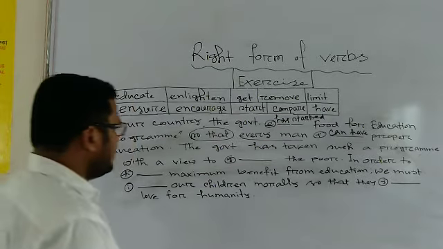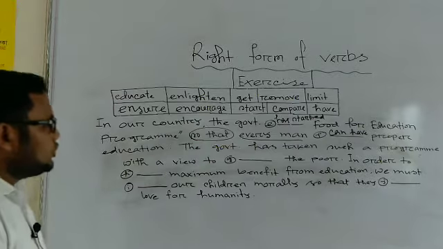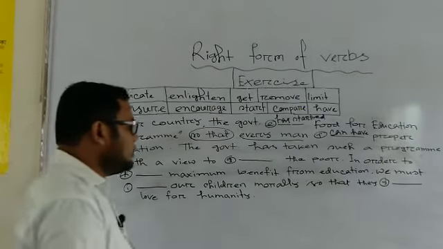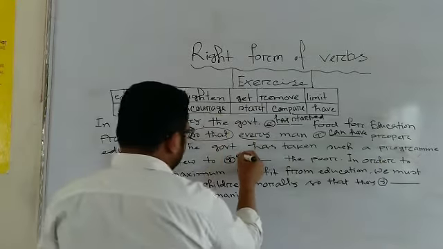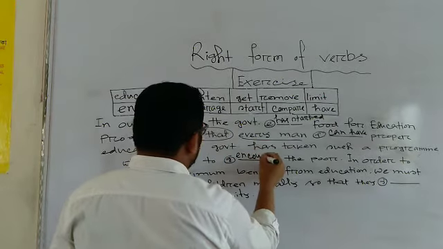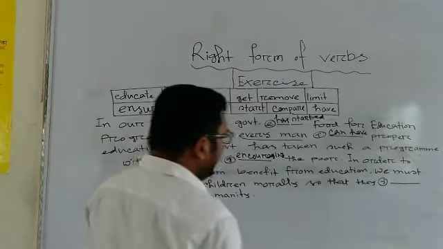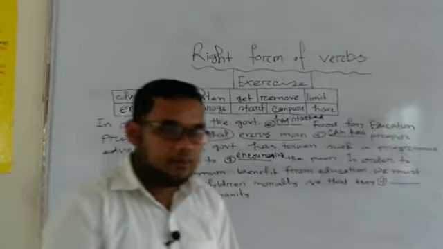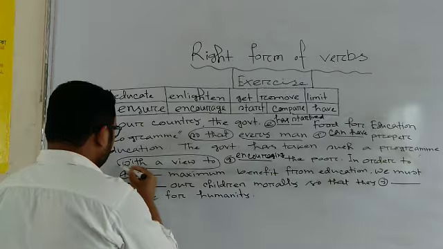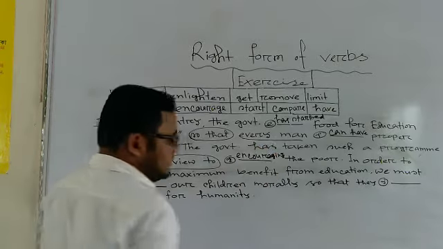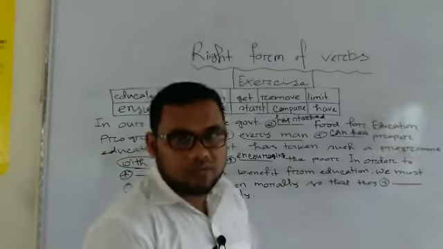The government has taken such a program with a view to dash the poor. So we can write down, with a view to encouraging the poor. After with a view to, look forward to, would you mind, you need to use verb plus ing.